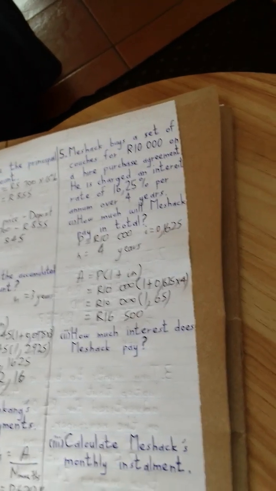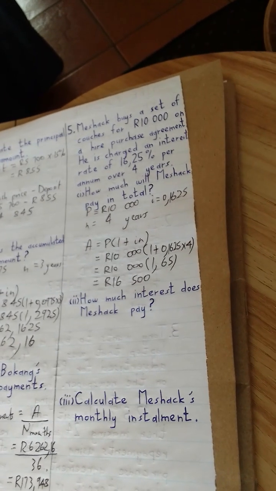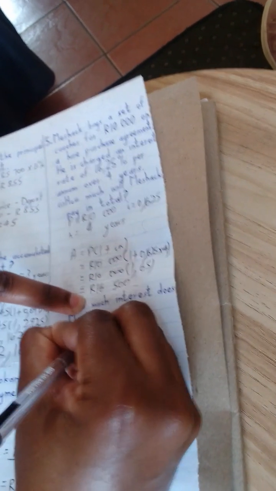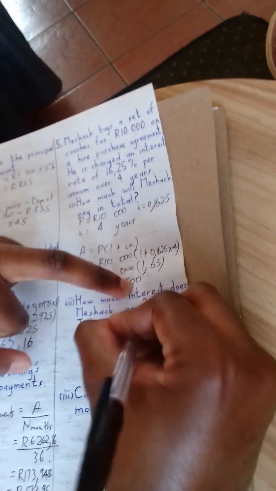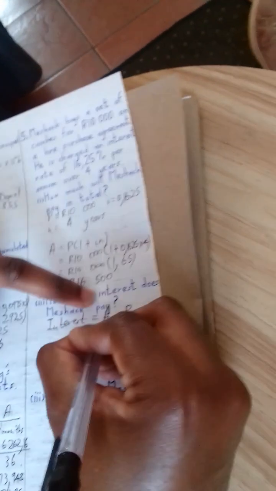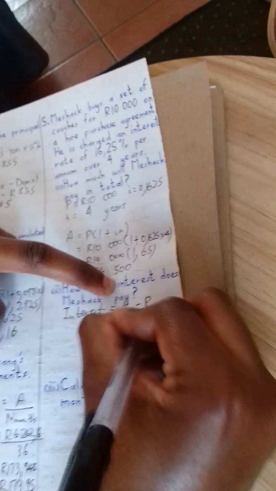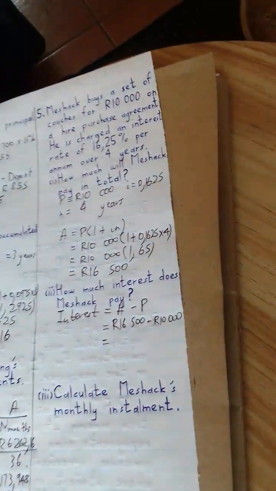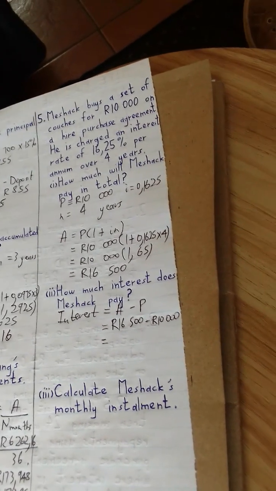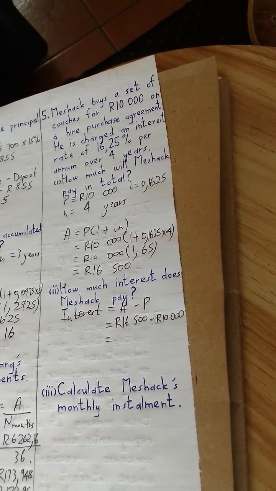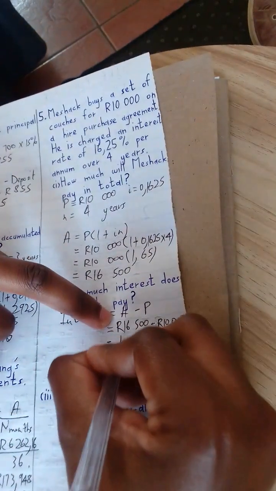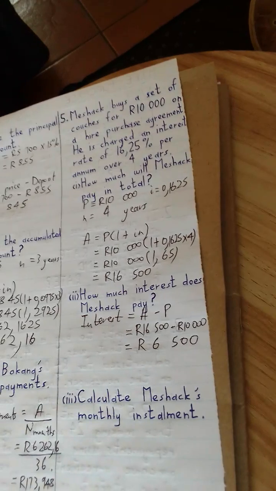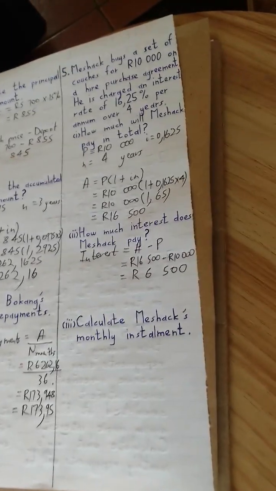Roman numeral number 2 asks, how much interest does Mishak pay? So remember, interest is the accumulated amount minus the principal amount. So it's 16,500 minus 10,000. I'm getting 6,500 rands. Roman numeral number 3 states, calculate Mishak's monthly installment.